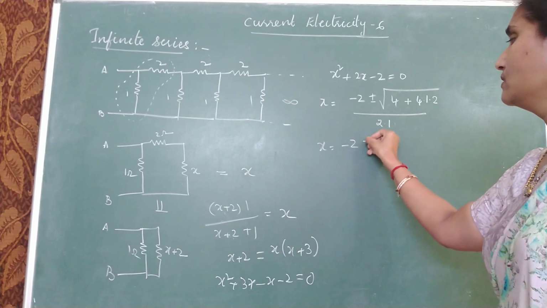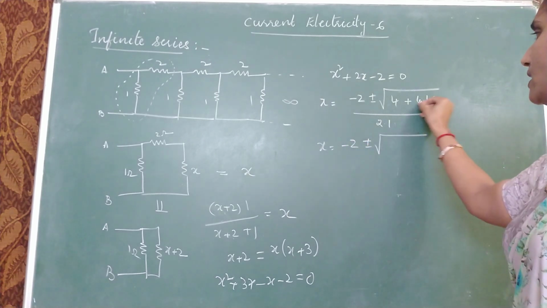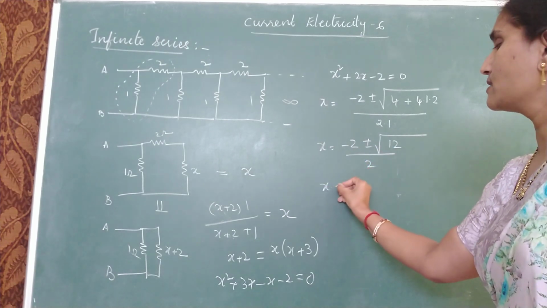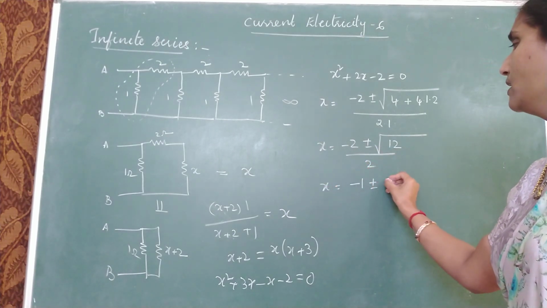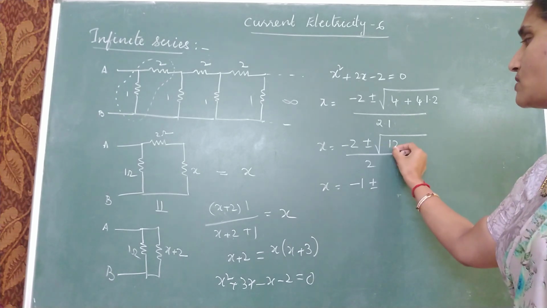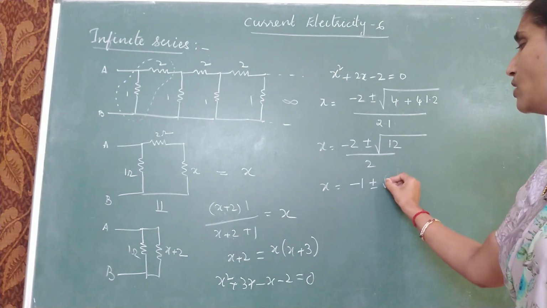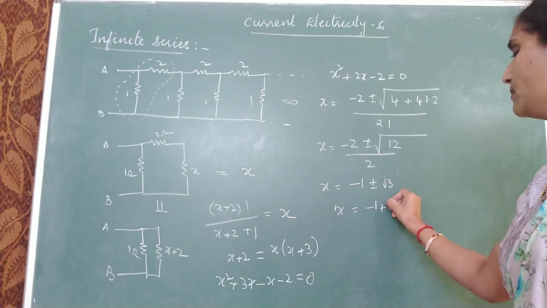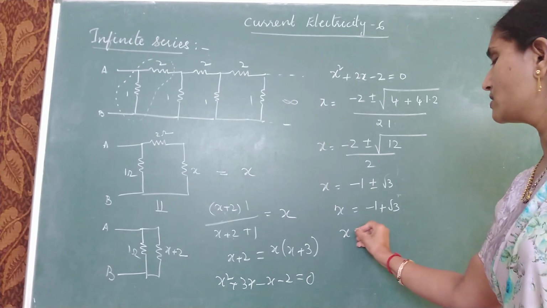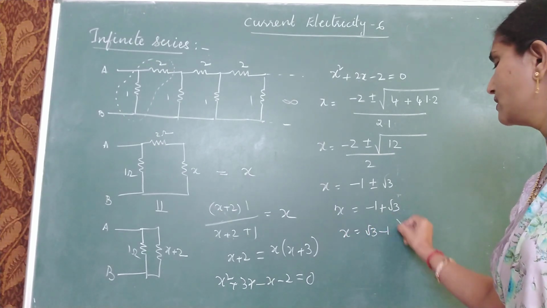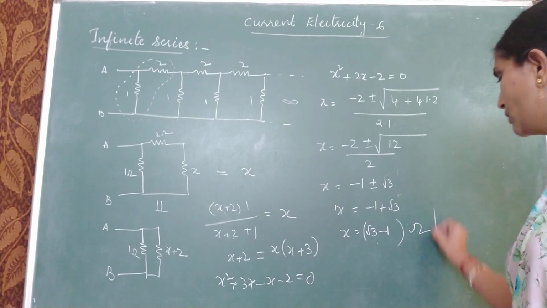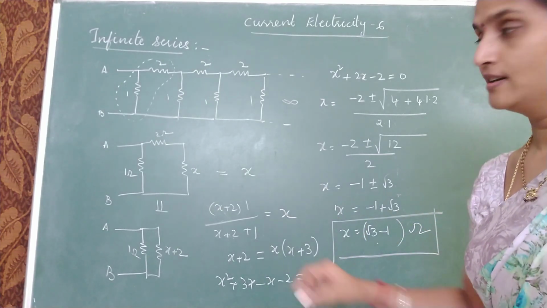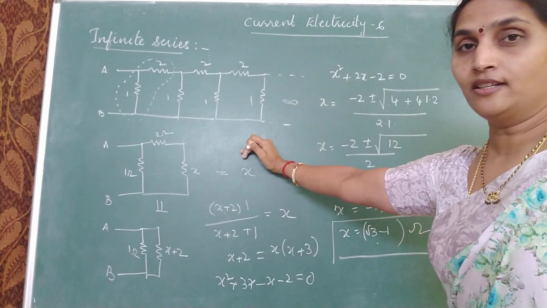That is minus 2 plus or minus under root 8 plus 4, 12, by 2, or X is equal to minus 1 plus or minus root 12, which I write as 4 into 3, that is 2 root 3. The 2 got cancelled. Resistance cannot be negative, so minus 1 plus root 3. So what is your equivalent resistance? Root 3 minus 1 ohm. So this will give you the answer in case of this type of repeated series.